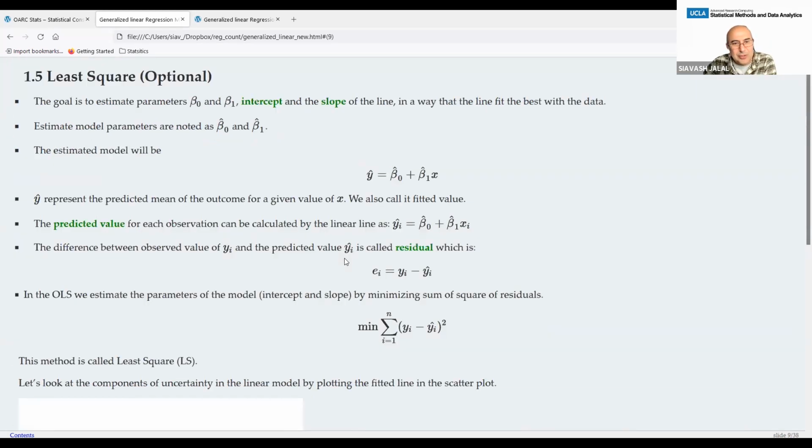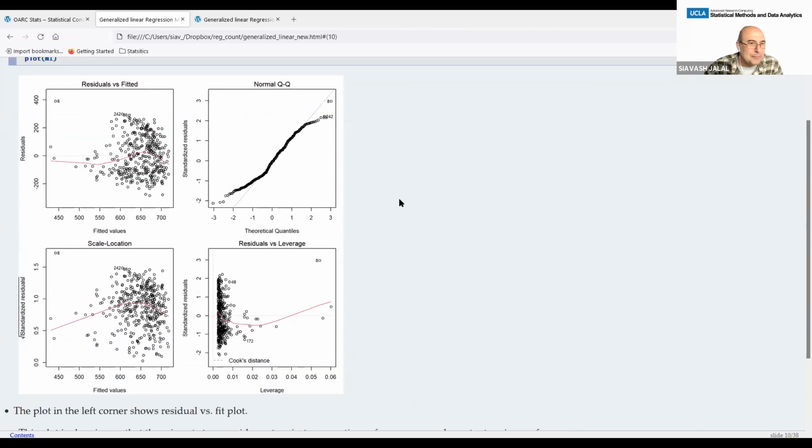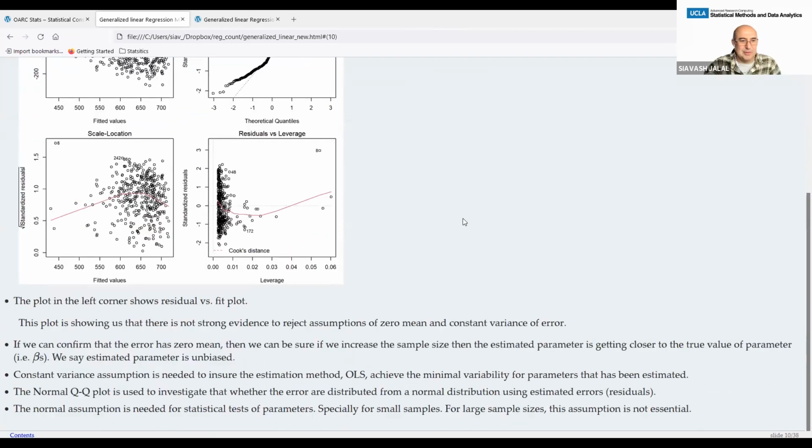So we need to look at the assumptions, and as you see, the normality is not very good, but I said this is okay because we have a sample size of 400, right? And then you can see other diagnostics, residuals, leverage, influential points, and things like that, right? Which is not the subject of this workshop.